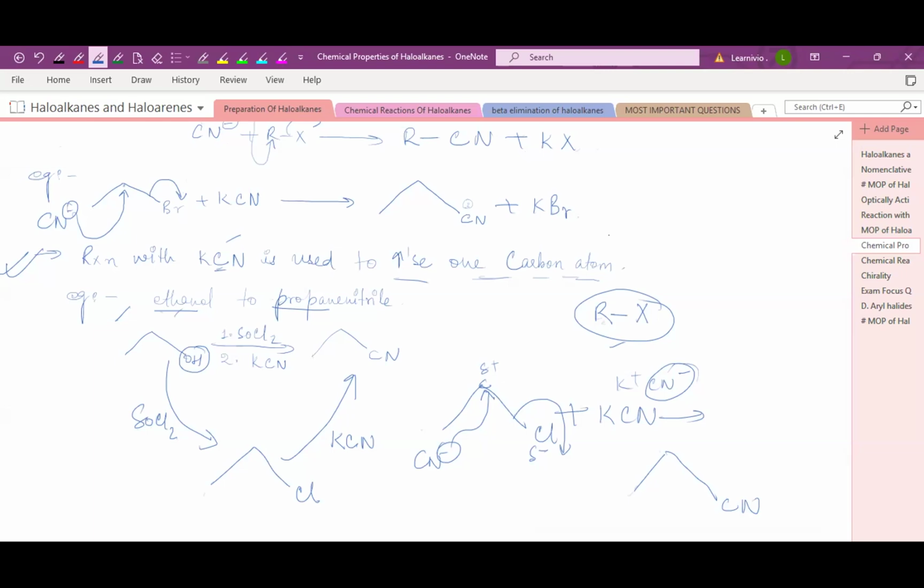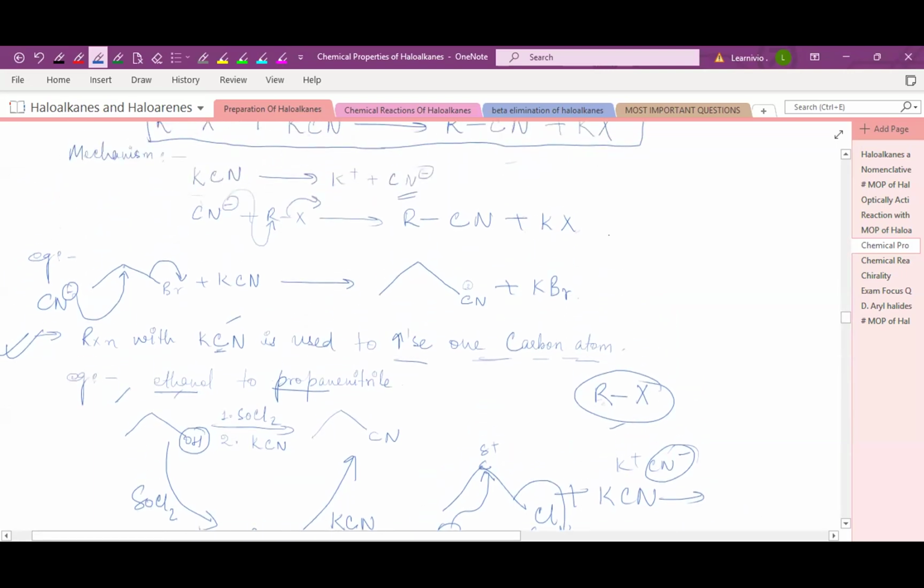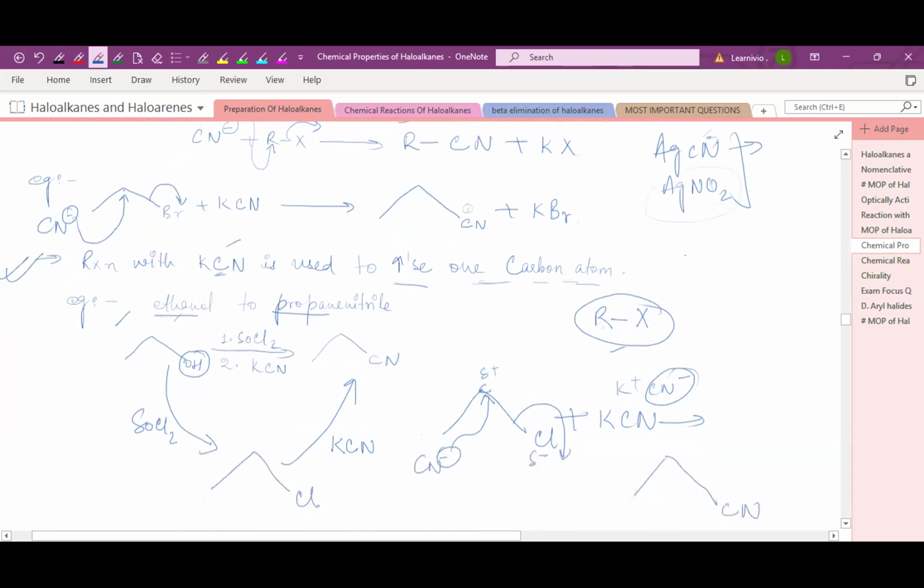Similarly, when it is AgCN or AgNO2, अगर आपके पास AgCN है and AgNO2, okay, so in both the cases, the attack will be from the nitrogen because nitrogen contains the lone pair, and the attack will be from the lone pair because these bonds are strongly covalent bonds. So that's why the attack is from the nitrogen side, and you will get the iso form. Okay, in AgCN you will get isonitrile, and in this case you will get nitroalkane.